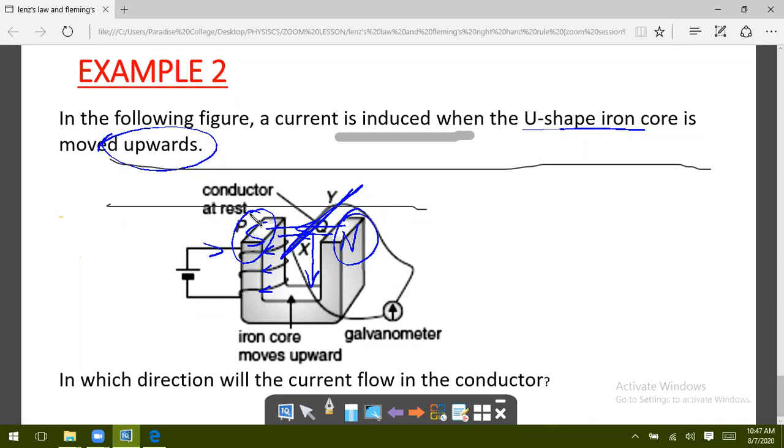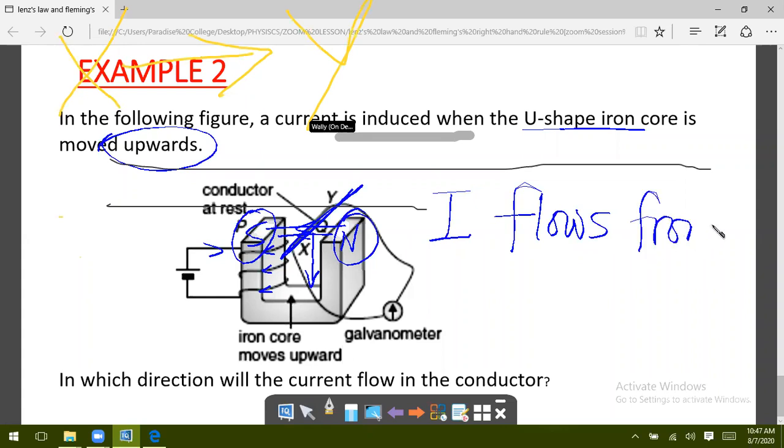X to Y. That's right. So current flows from X to Y.